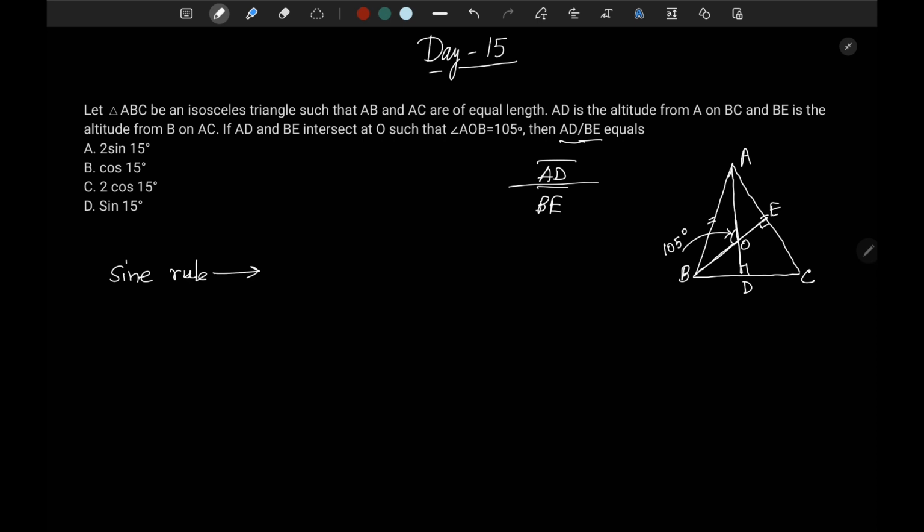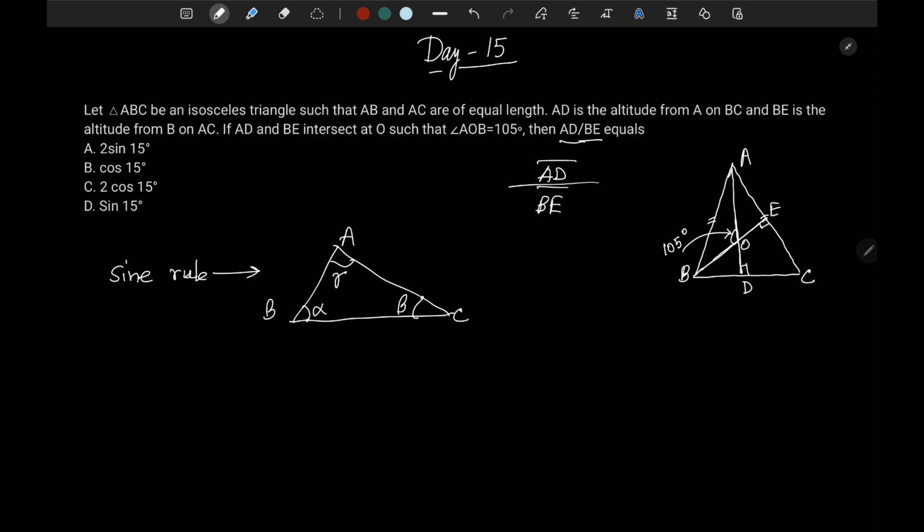Sine rule basically associates the ratio of sides to the sine of the opposite angles. How? Let this be a triangle ABC and let this angle be alpha, this is beta and this is gamma.